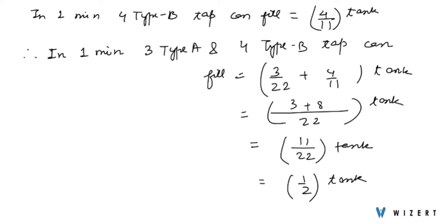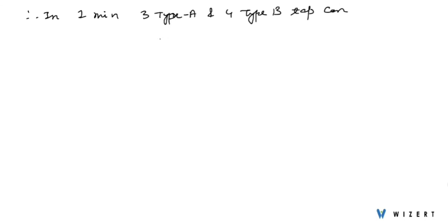Now let us write it. Therefore we can say that in 1 minute 3 type A and 4 type B taps can fill half of the tank.